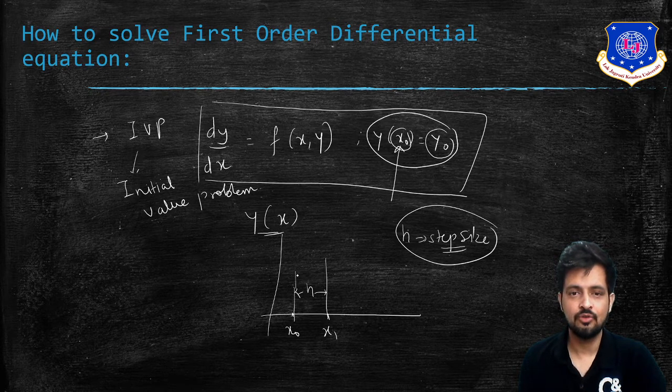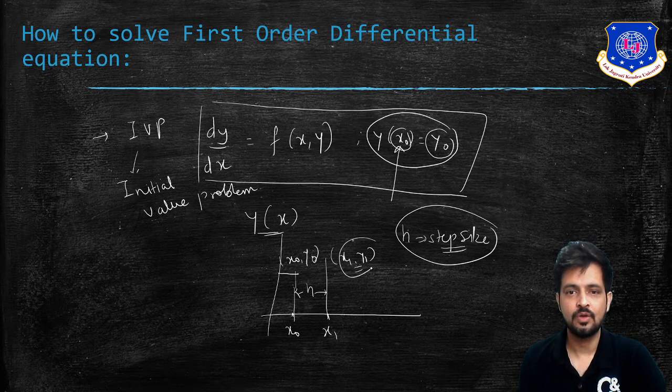So first of all we have to see what will be given. x0, y0 will be given, and on the basis of x0, y0 we have to find x1, y1. By taking a difference of h, x1 can be found. x1 is equal to x0 plus h, and if I want to find the value of y, then I have to apply the different methods.